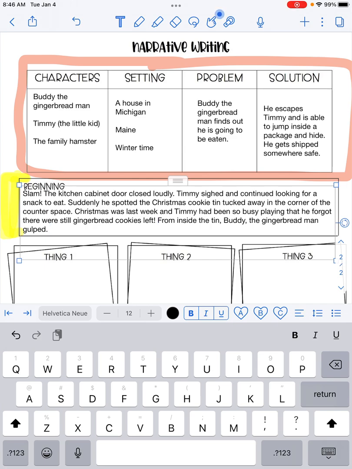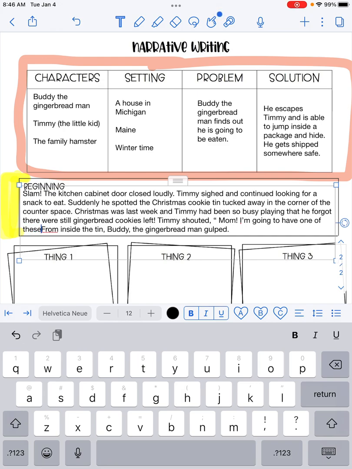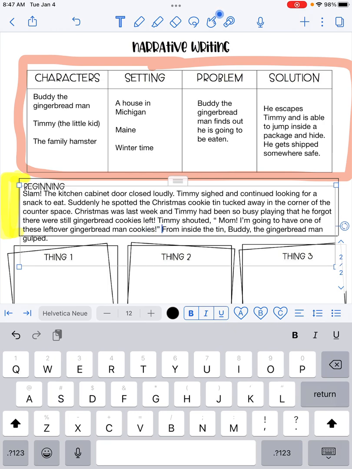So maybe I'll go back and say, Timmy shouted, "Mom, I'm going to have one of these leftover gingerbread man cookies," from inside the tin.